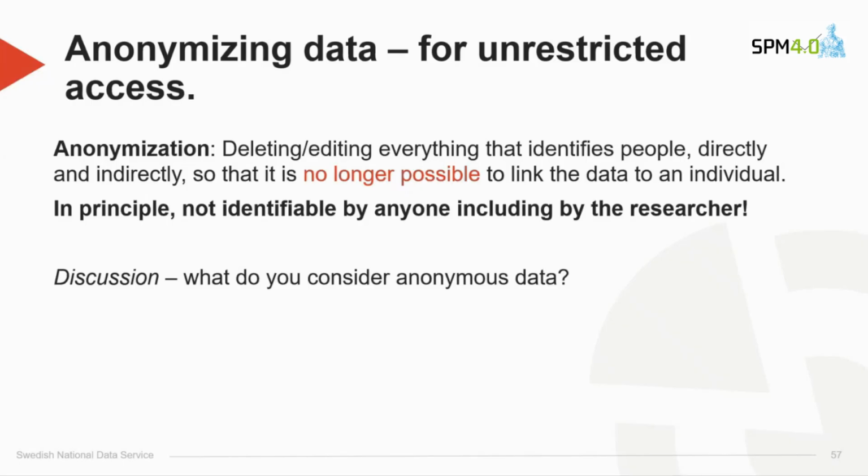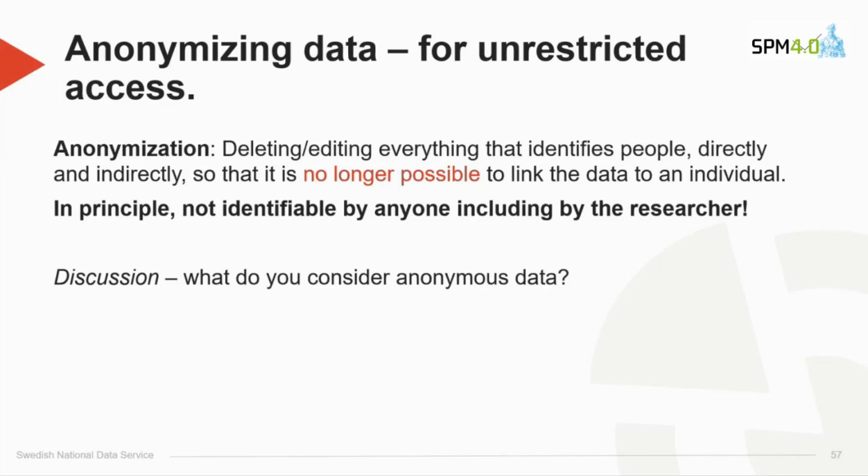Anonymizing data. Generally, if you want to make a data set that has contained personal data freely available, it has to be anonymized. By that I mean, you have to delete everything that identifies the people, directly or indirectly, so that it's no longer possible to link the data to an individual, not by any reasonable means.